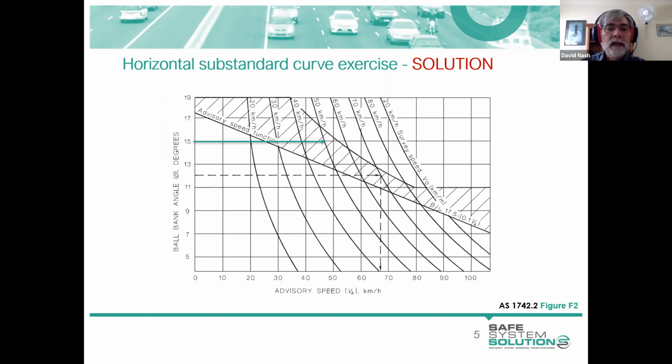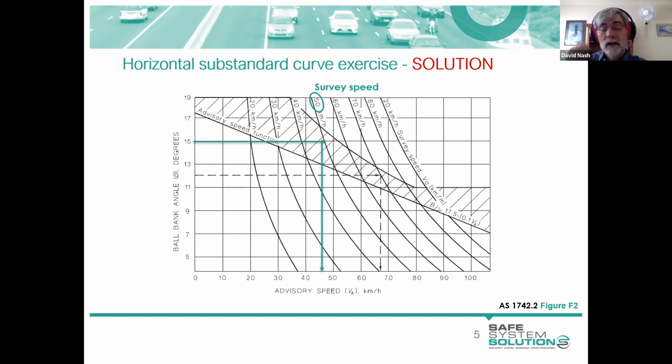So in our particular case, we had a ball bank indicator reading of 15 degrees at a survey speed of 50 kilometres an hour. So you go across there, hit the 50 kilometres an hour line, and then read downwards, and you get pretty close to a 45 kilometre an hour speed limit.